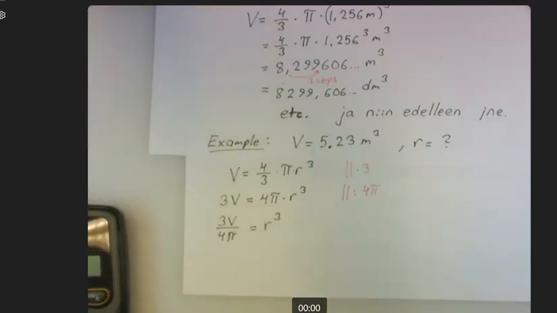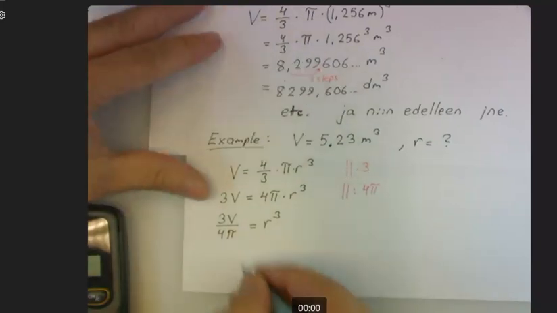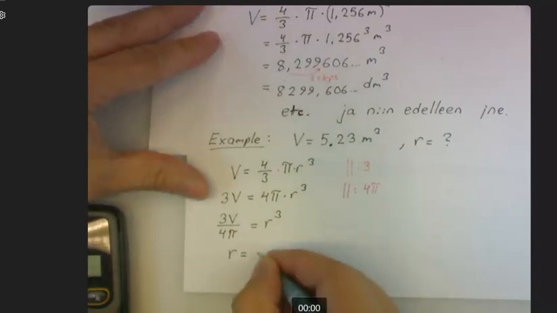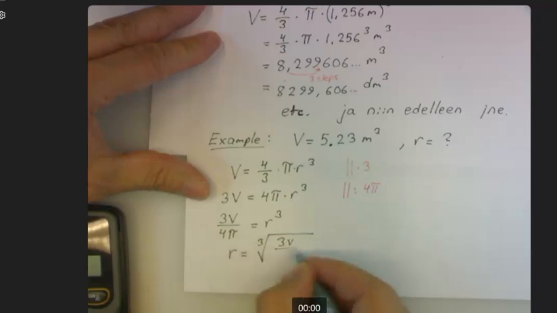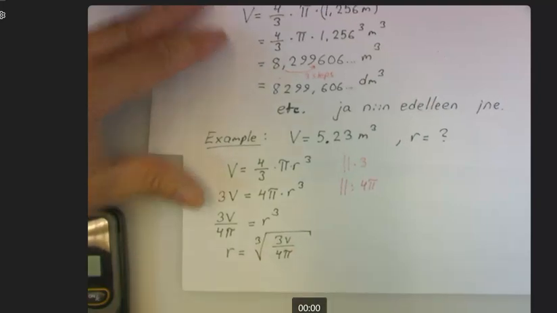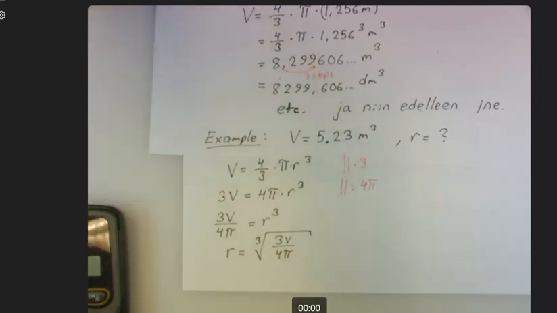So now we don't take the square root but the cubic root of this expression. So r will be the third root of this expression.